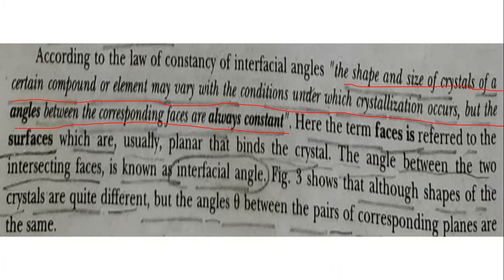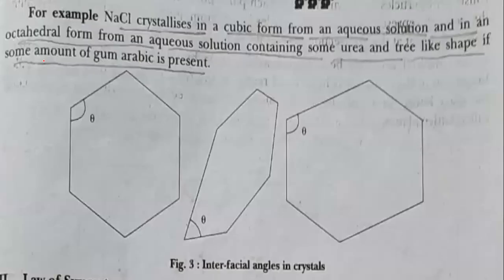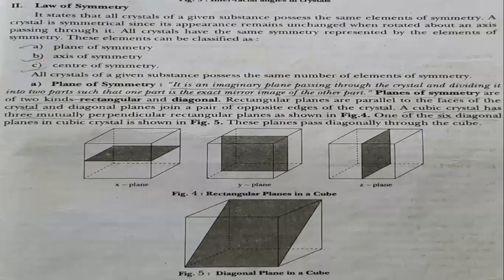For example, NaCl crystallizes in cubic form from an aqueous solution, in octahedral form from an aqueous solution containing some urea, and in a tree-like shape if some gum arabic is present. But if you see all three diagrams, the angle theta remains constant. So this is the law of constancy of interfacial angle.